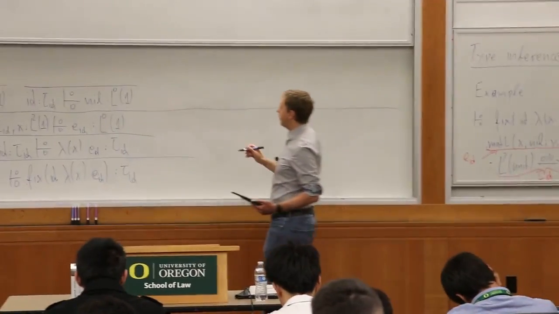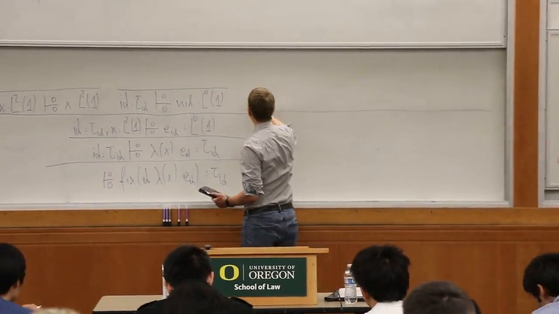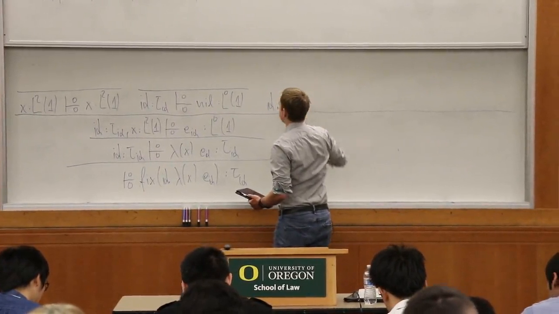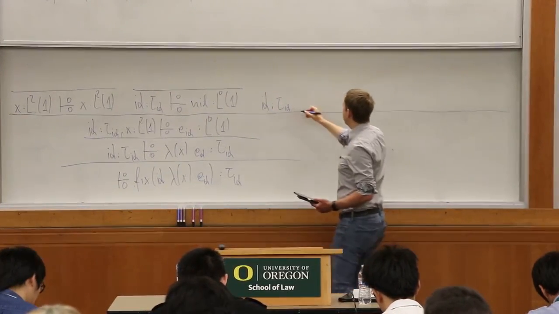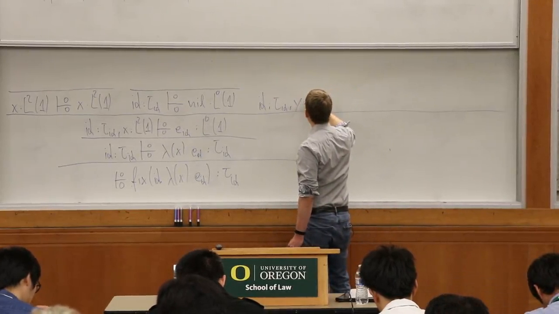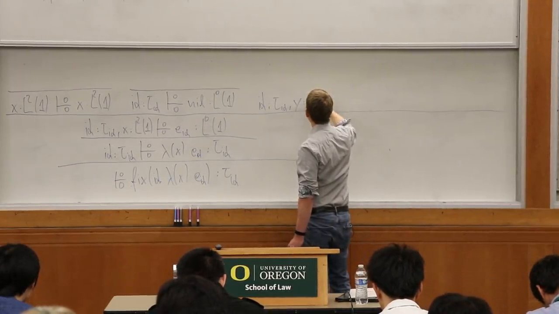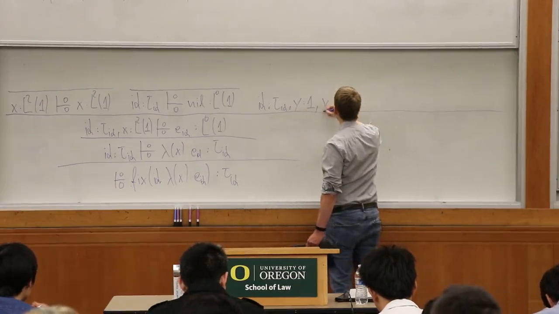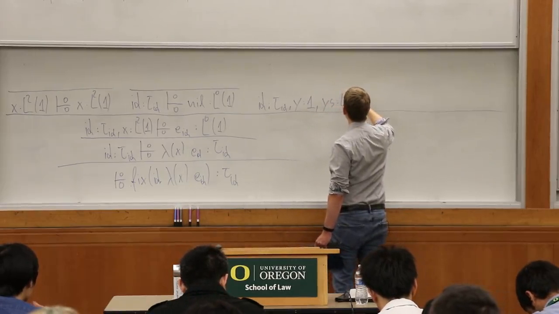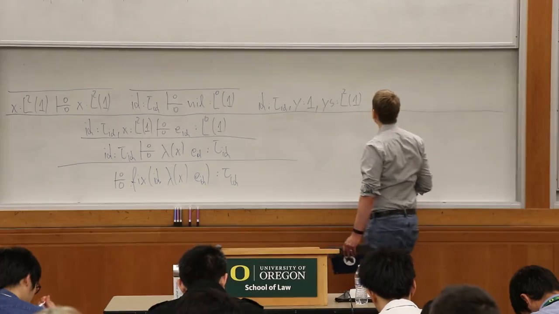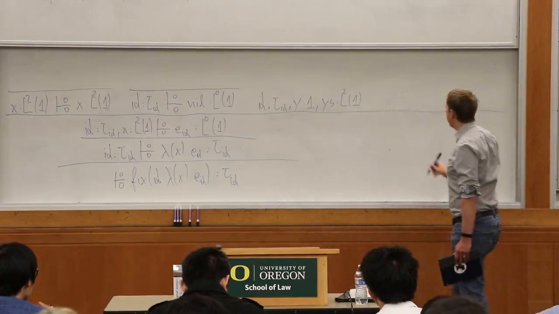We have still our gamma 2, which is the ID, tau ID, and then we get in addition the y, which has type unit, and we also get the y's, which has type L2 of unit, and that's it.